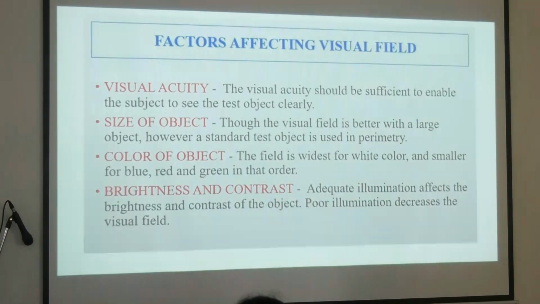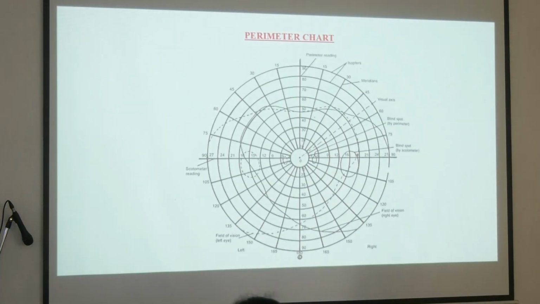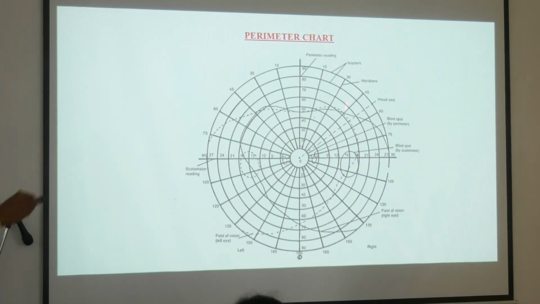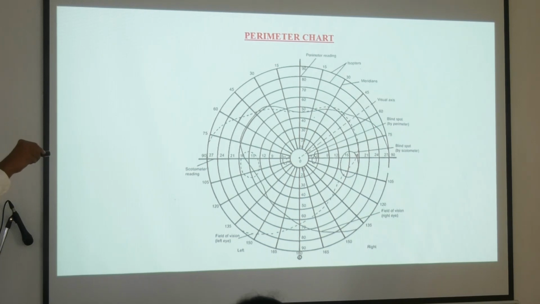Let me show you the chart again. You see the normal visual field is already there in the perimetry chart. Here the dotted line is the field of vision of one eye, and the solid line is the field of vision for the other eye.